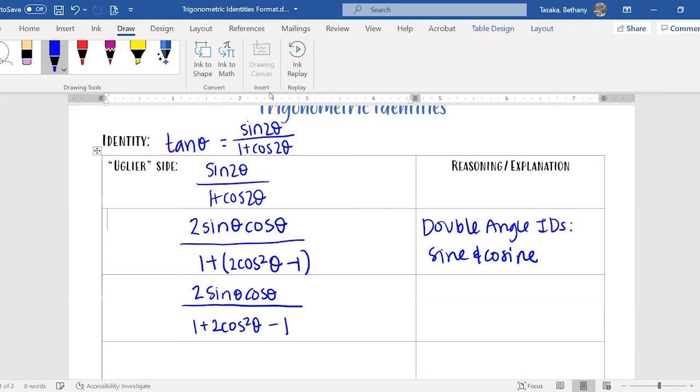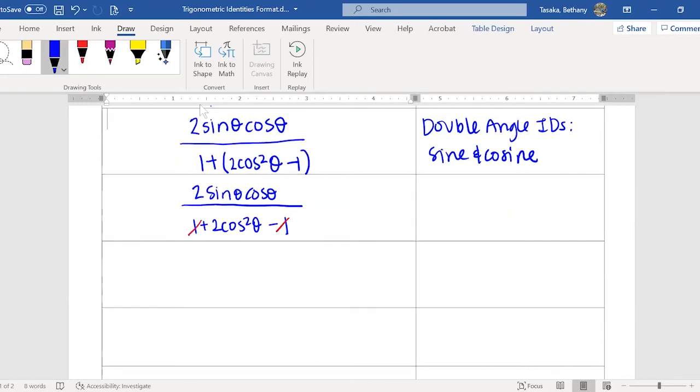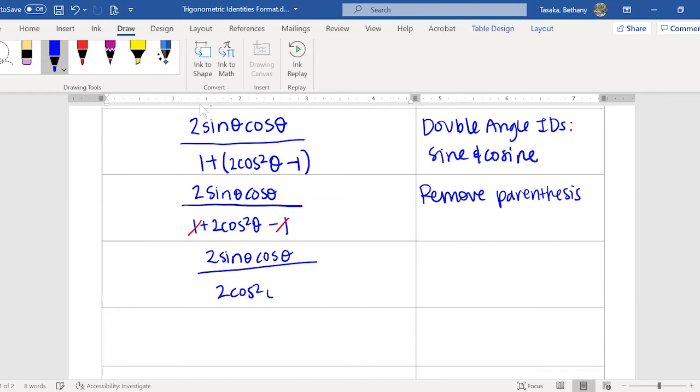And similar to the last question, what happens to those 1s? How about remove parentheses? Okay, so here we can write this as 2 sine theta cosine theta over 2 cosine squared theta.